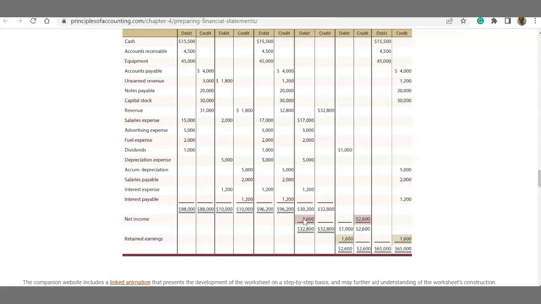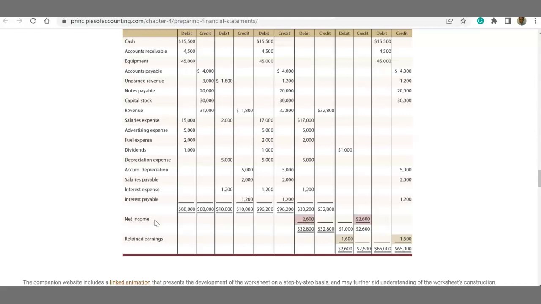You go under expense, one more time, and you say equals to, click this box, 32.8, minus, click the other box for total expense, enter. And then $2,600 will pop up in here as a positive number. And because it's a positive number, obviously you leave it like that because it's a net income.